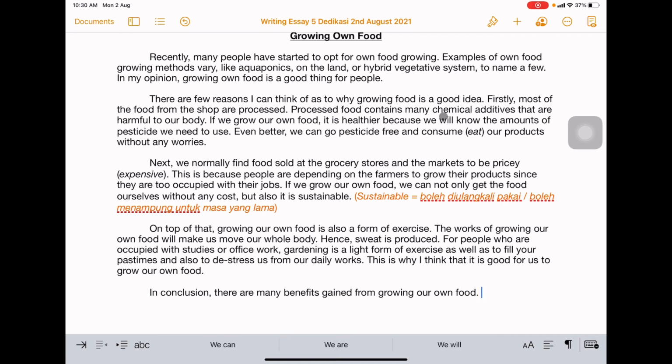And then we can also relate to our own time right now. For example, now is the pandemic. So you can say the COVID-19 pandemic really is taking a toll on everyone's lives, physically and economically.